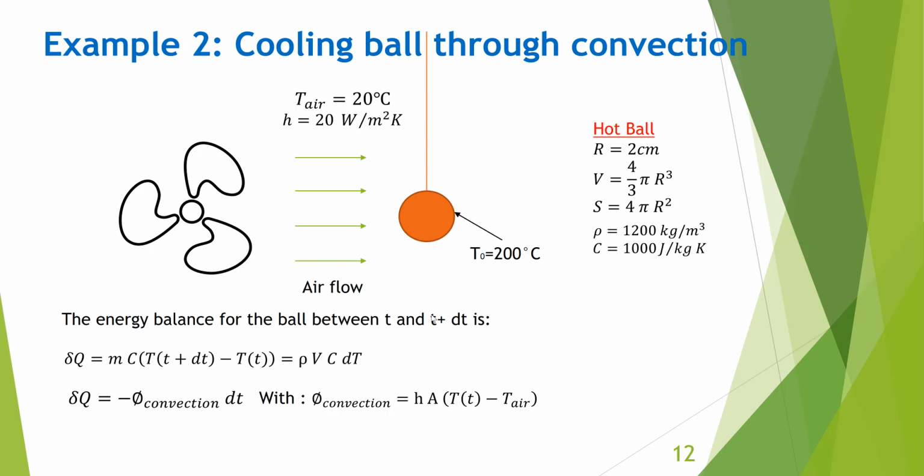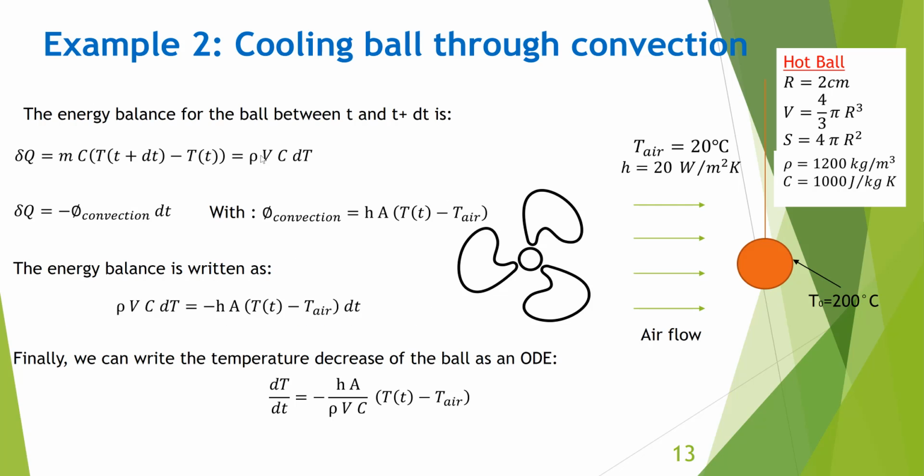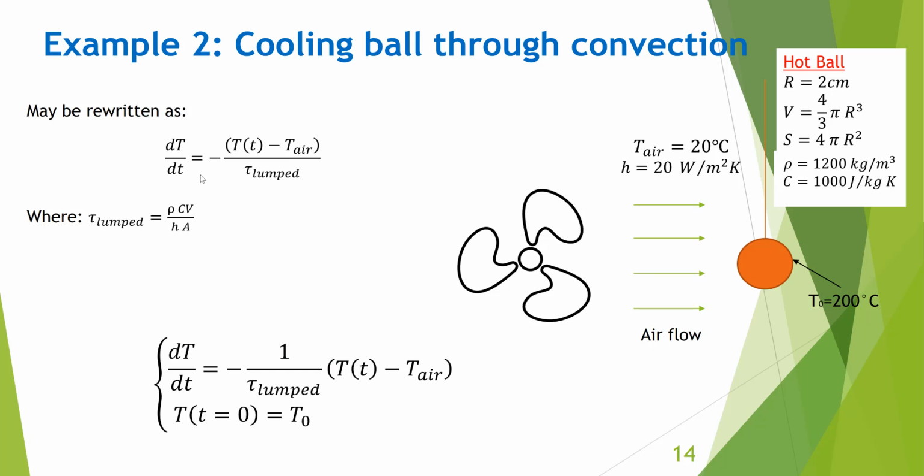So let's look at the differential equation. If we simplify, at the end we can write it in this form: dT/dt is equal to minus 1 divided by tau, times T minus T air, okay? And at time t equals 0, we have a temperature equal to T0, which is equal to 2200 Celsius.